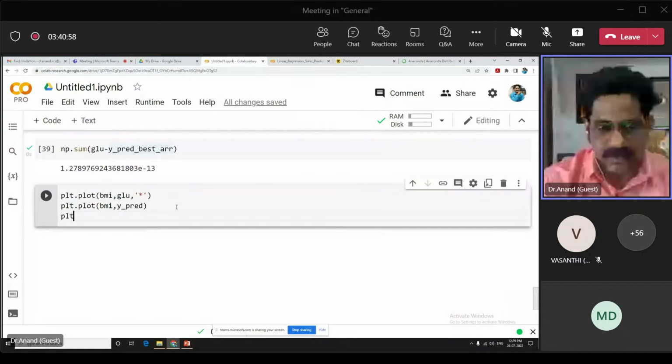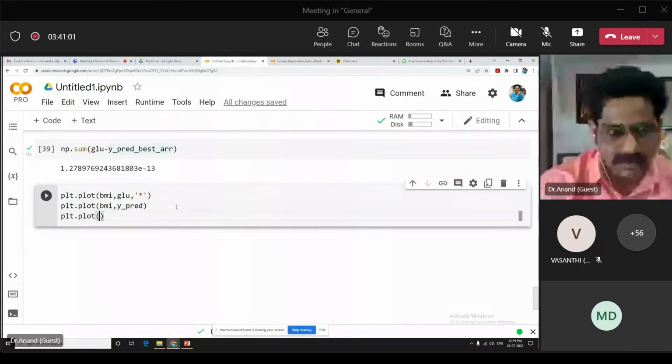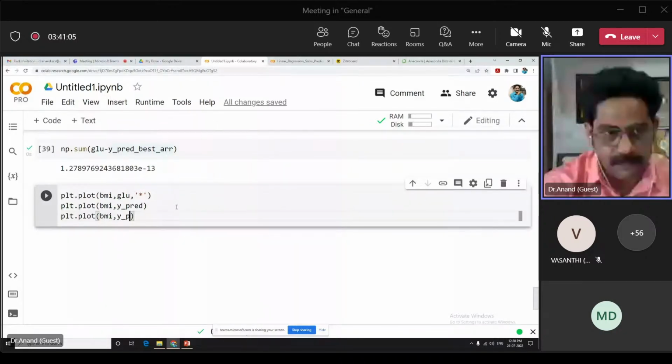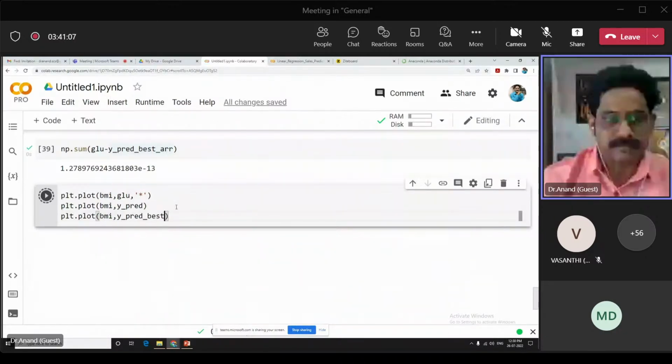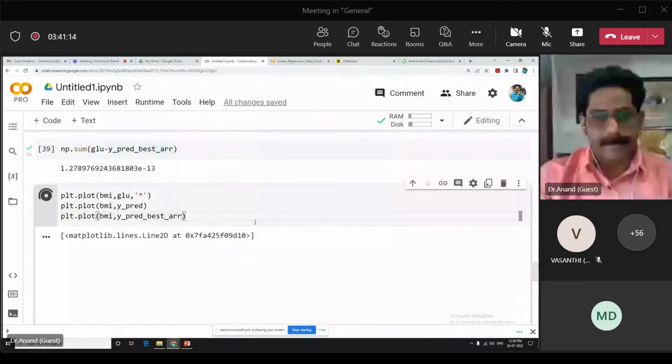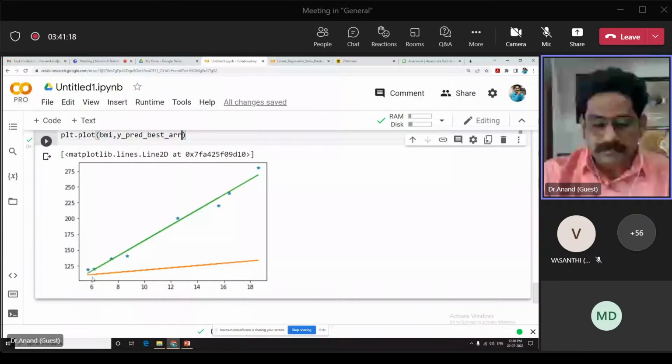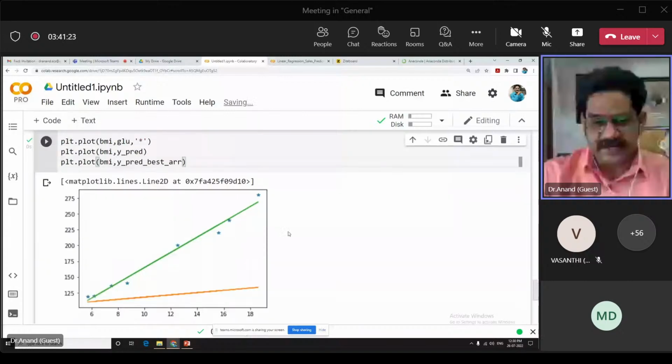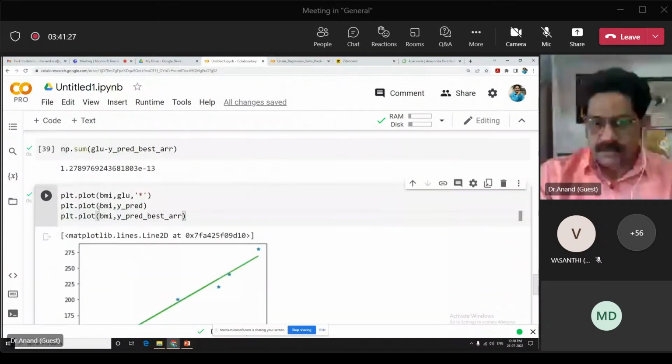Over the same plot, but this time your y pred best array. Can you see? The orange line is the randomly selected slope and intercept, and this green line is the best fit line generated by your linear regressor model.